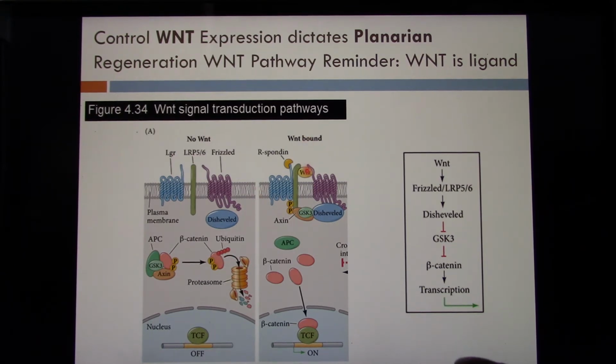When Wnt ligand is present, the receptors such as LGR, R-spondin, and Dishevelled can interact with Wnt and signal transduction will prevent beta-catenin from being destroyed, and instead it is translocated into the nucleus where it can interact with some of its cofactor proteins and start transcription of whatever genes need to be made in order to regenerate the body parts.